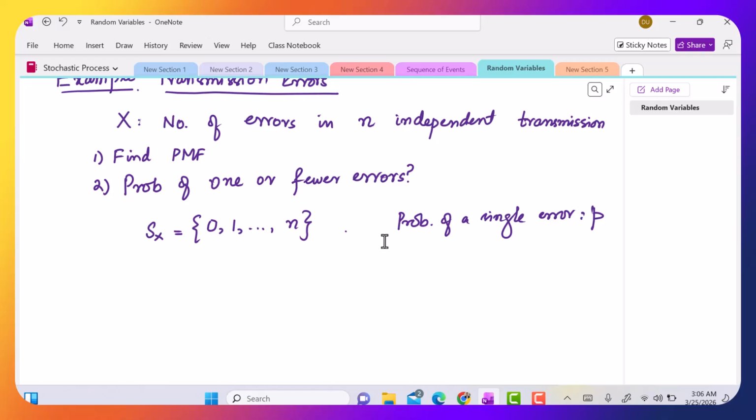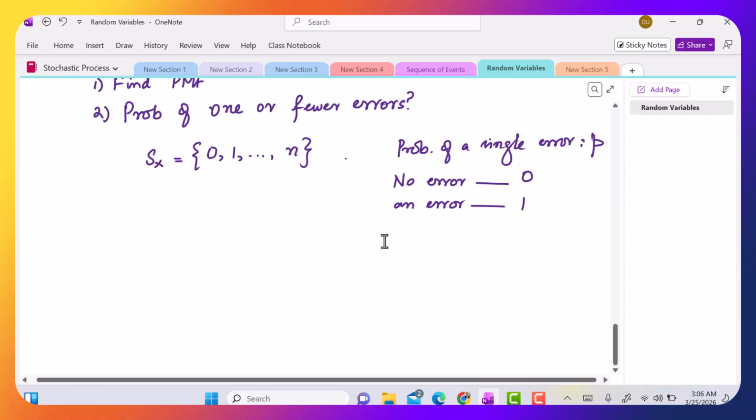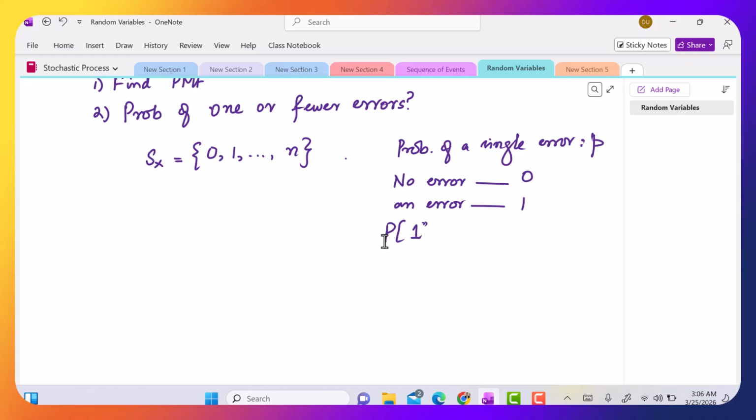Let's assume that if there is no error for a given transmission, we denote it by 0, and if there is an error, we denote it by 1. According to our notation, the probability of an error, which we denoted by 1, equals small p, whereas the probability of no error, which we denote by 0, is equal to 1 minus p.